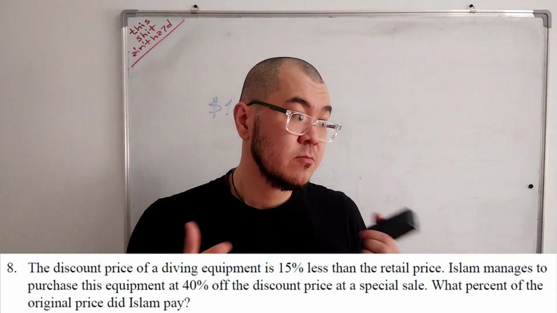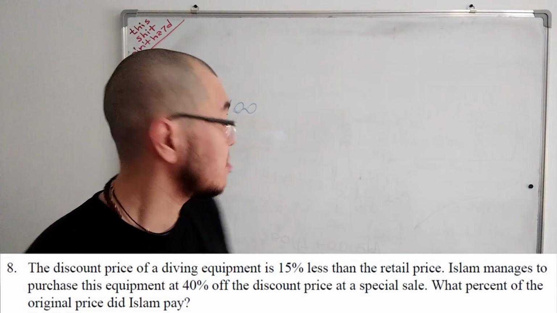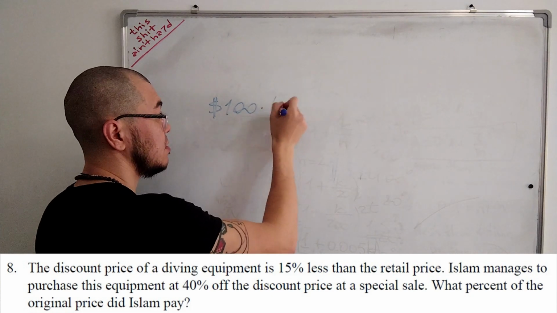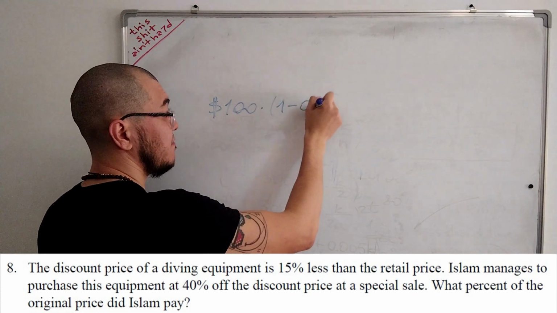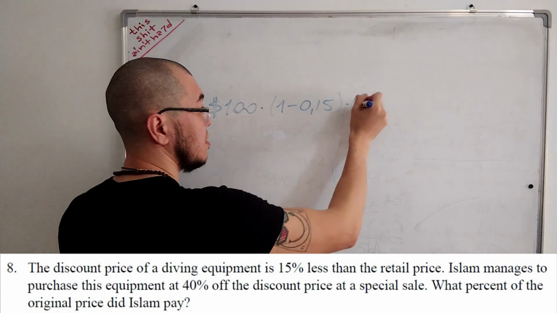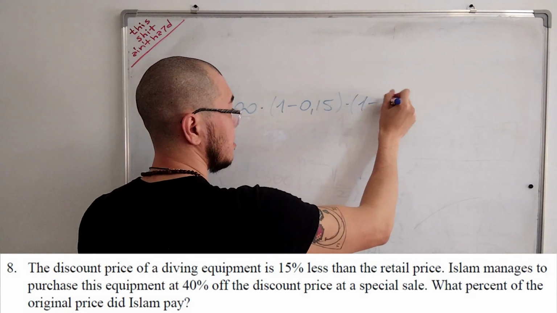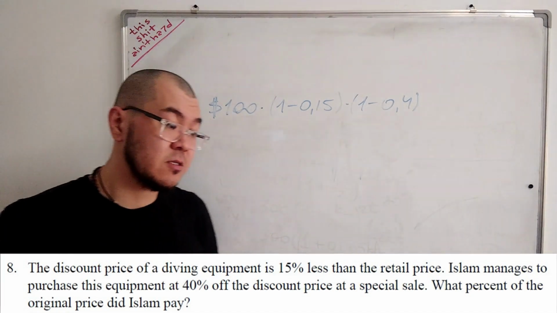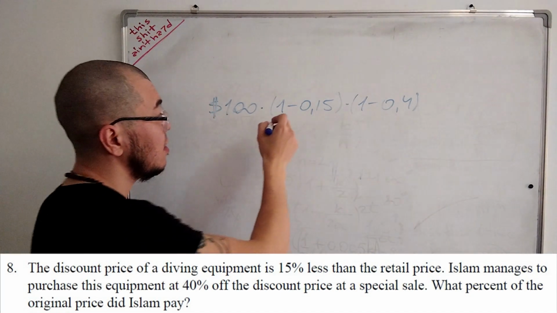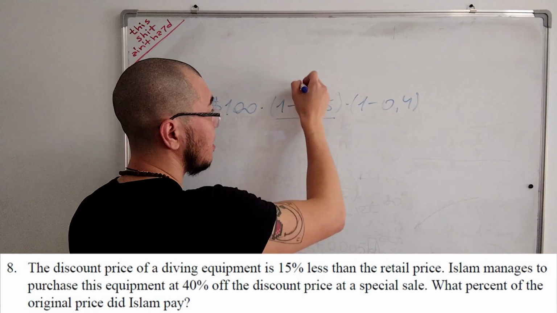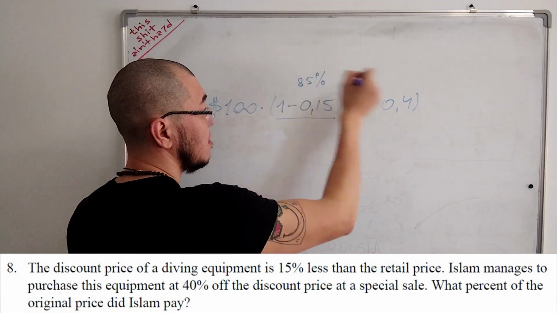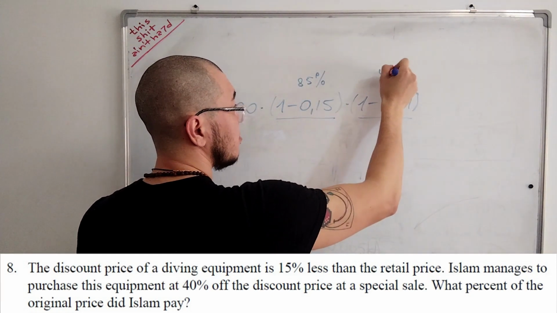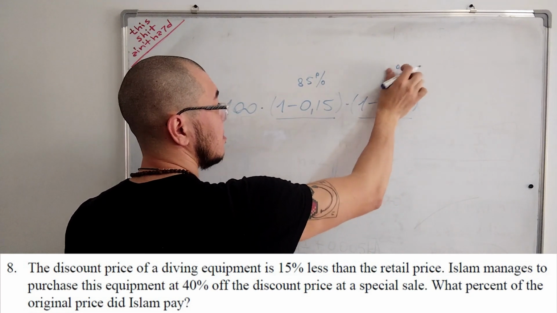Then Islam had 2 discounts. The first one is 15% and the second one is 40%. So our original price is multiplied by 85% and 40%. I mean 60%.